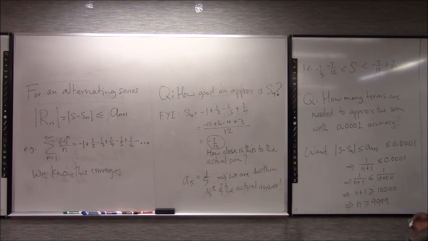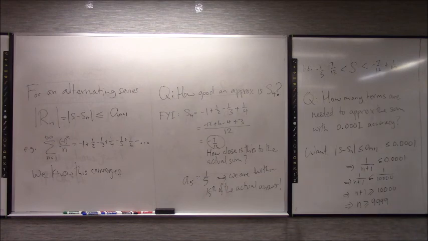So, to get this level of accuracy, I need to hit 9,999 terms before I get an answer that's this close to the actual answer. Let's say whatever machine I'm using only goes up to 4 decimal places anyway, so I really don't care about the numbers after the 4th decimal place, or maybe even after the 3rd.